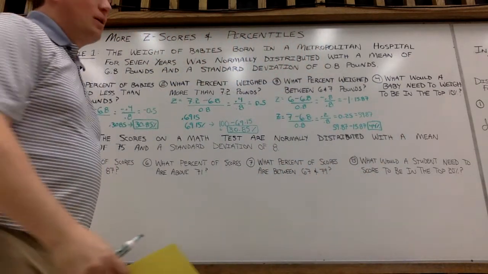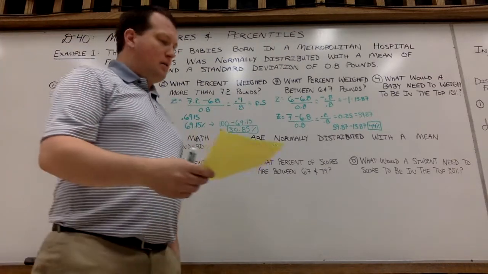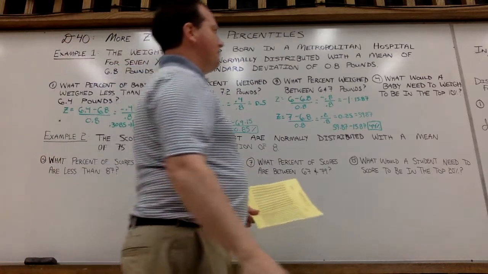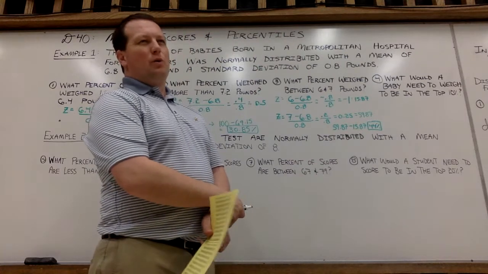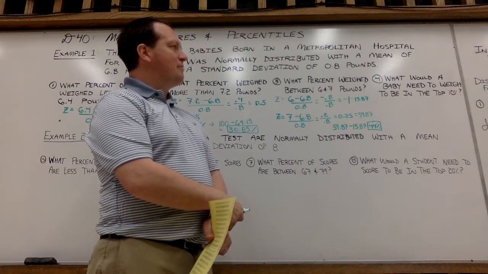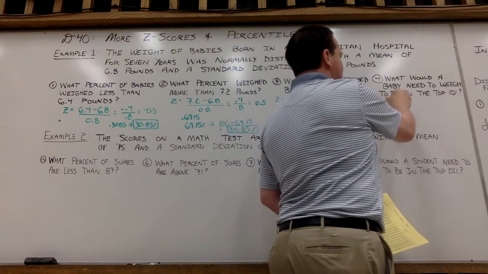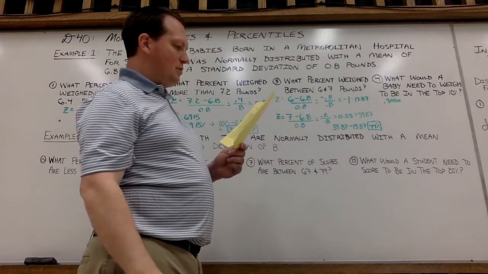Last part here, working backwards, as we saw in the last 4 examples from the notes in Daily 39. Maybe you have these written down. That would be awesome. But we want to know, what would a baby need to weigh to statistically be in the top 10%, meaning they would need a 90th percentile, 0.9000.